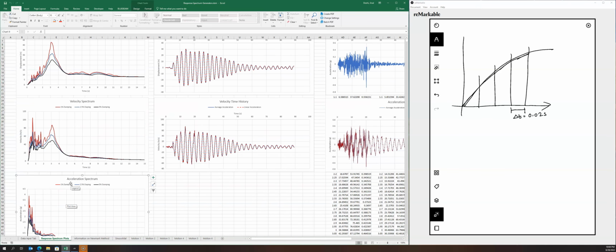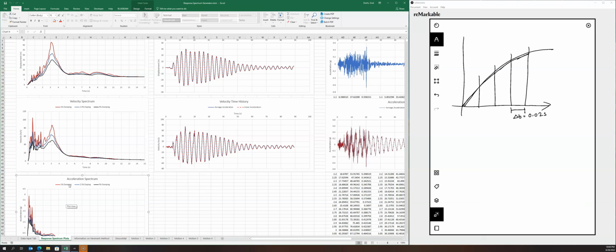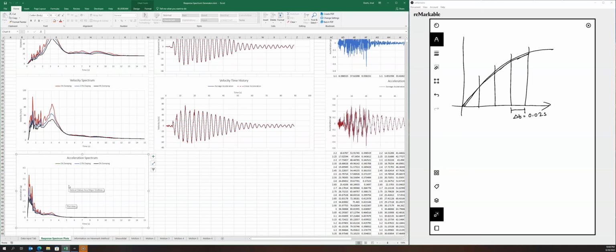So what happens is the shorter the building, the more violently it accelerates because its natural period is so low and it's closer towards what could potentially be the natural period of the earthquake that's coming in. And it's just the natural tendency of the system.